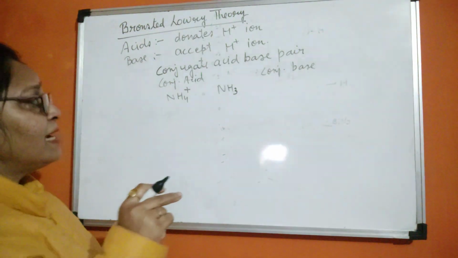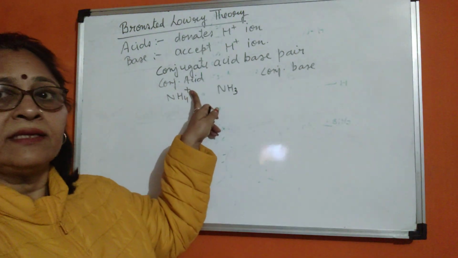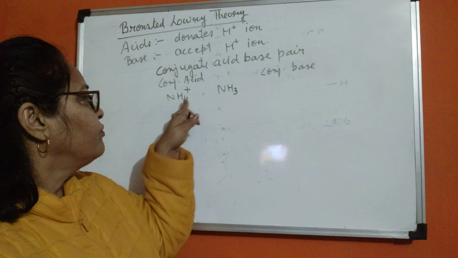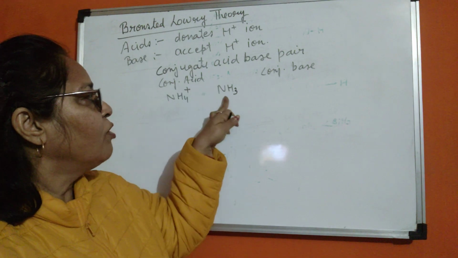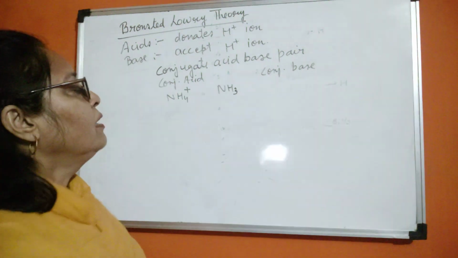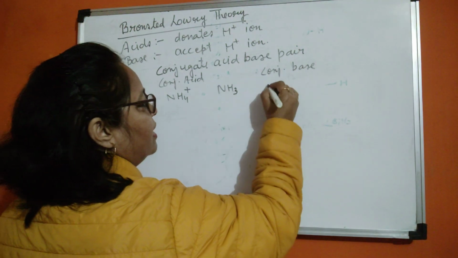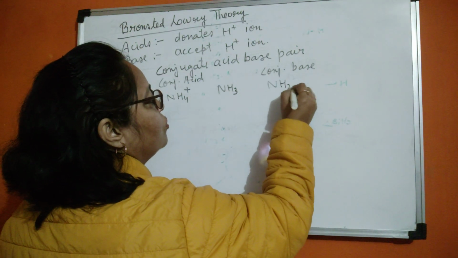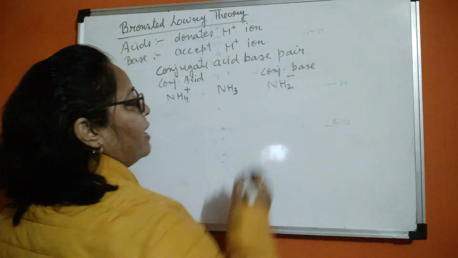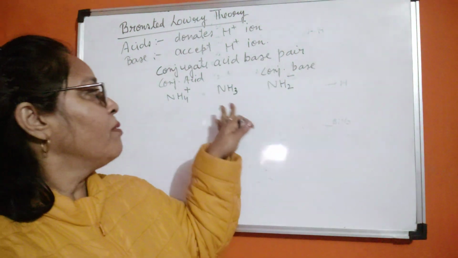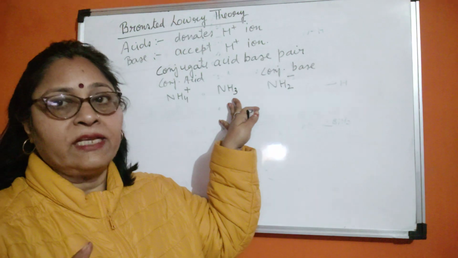As H plus is added, so 1 plus charge is also present. Right. So this NH4 positive is the conjugate acid of this ammonia, and its conjugate base of ammonia is NH2 minus. Why NH2 minus? Because minus 1 H plus.